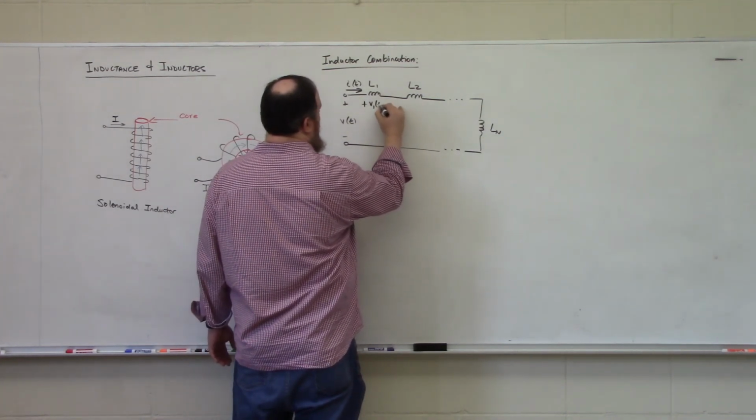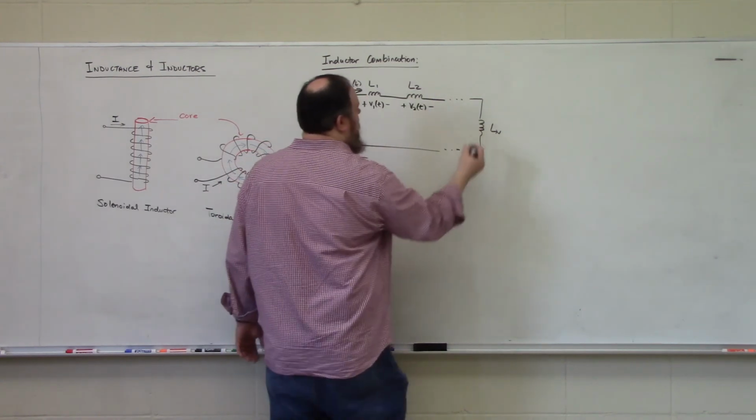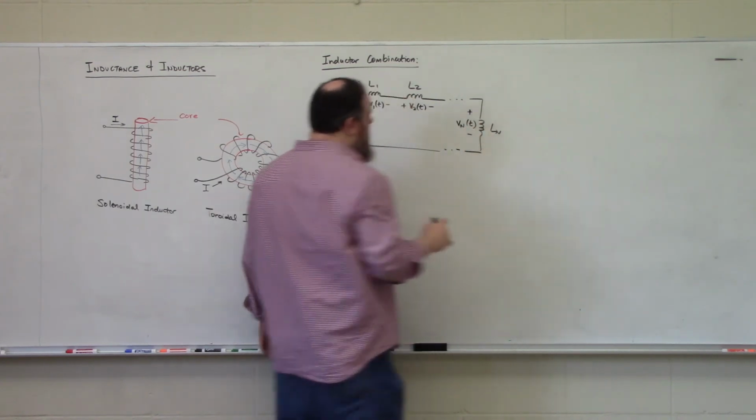So this is V1 of t, V2 of t, all the way out to Vn of t.